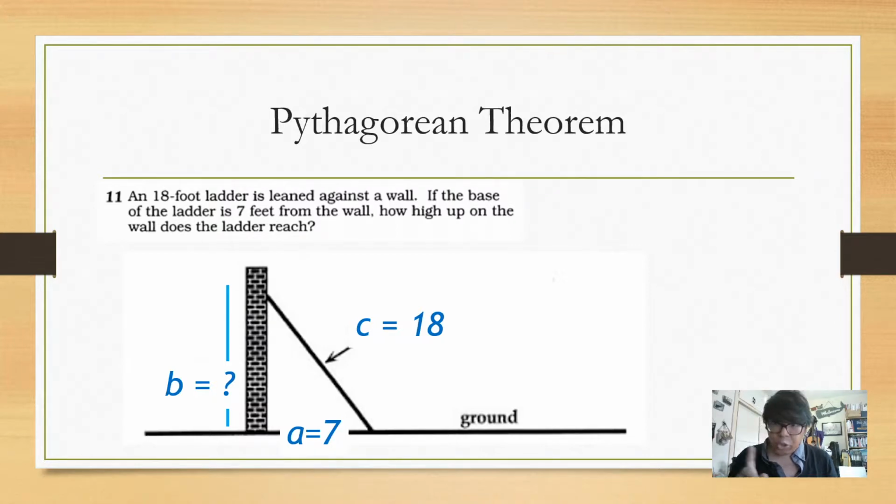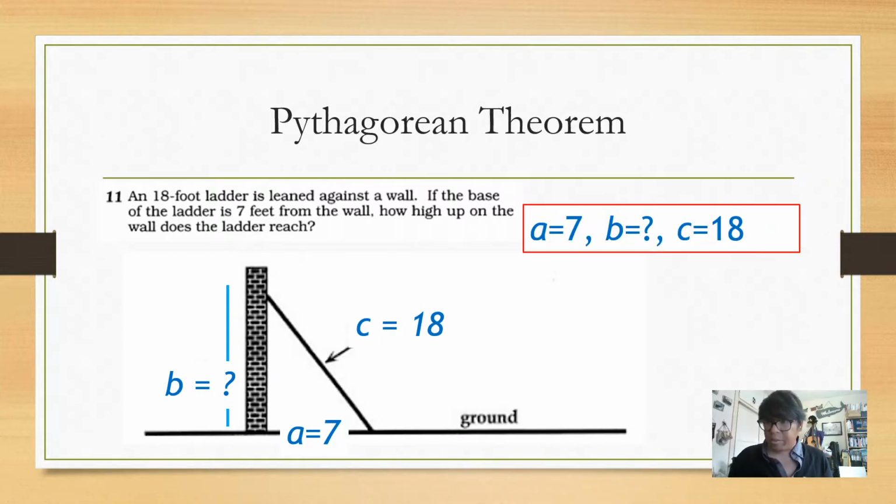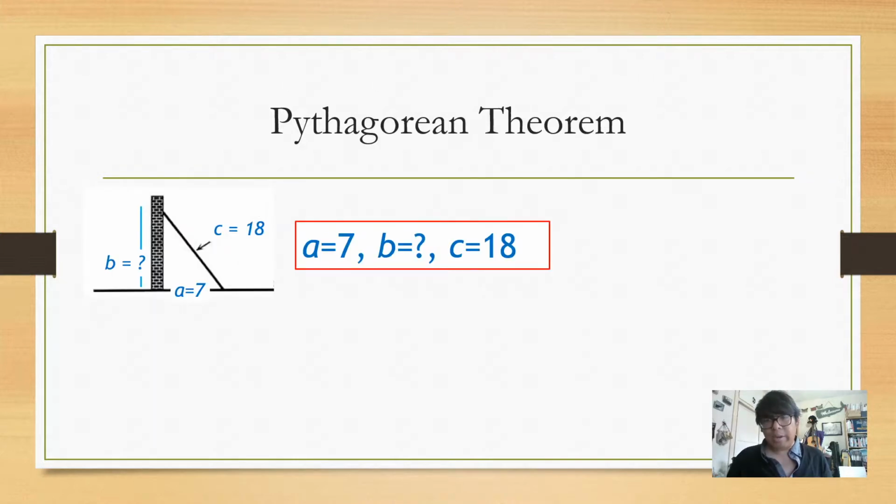I can tell you for sure B has got to be less than 18, right? Because if your ladder is leaning up against the wall and your ladder is 18 feet tall, well, that's got to be shorter than 18. So that's going to help me error check a little bit just to make sure I'm getting an answer that makes sense. Here's our clues written together, and we're going to import that into our next page.